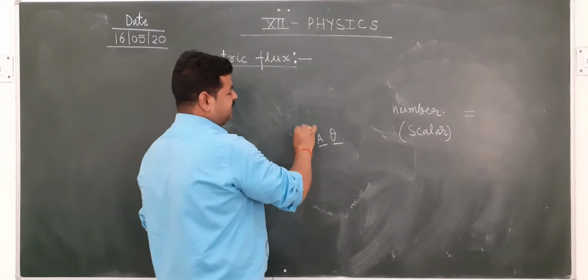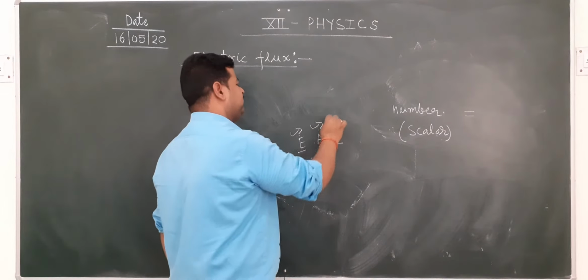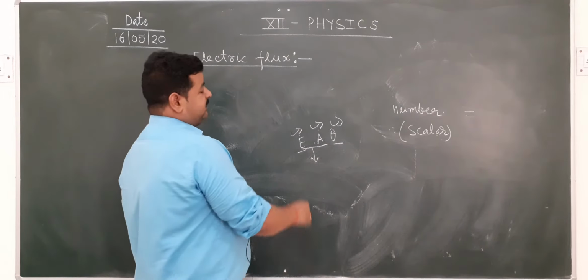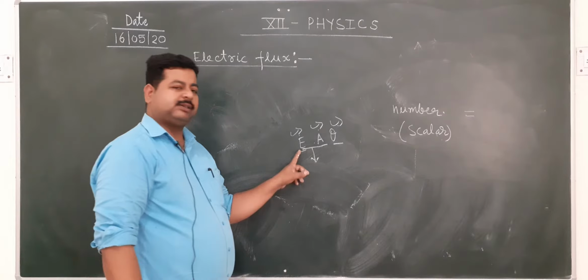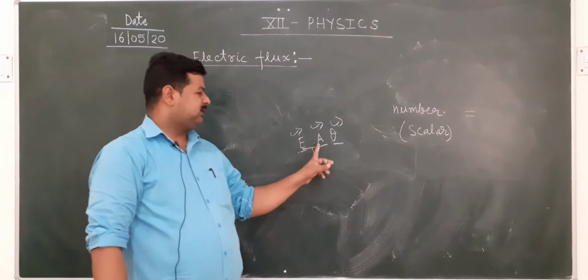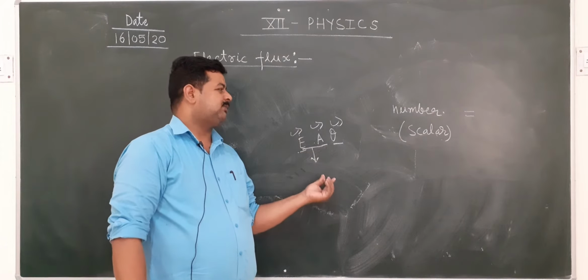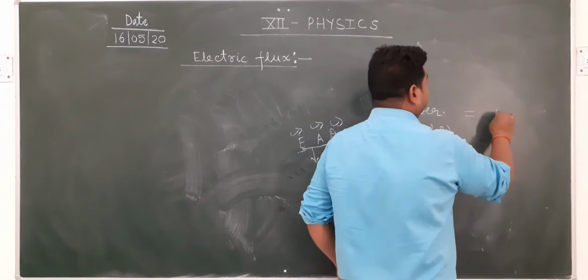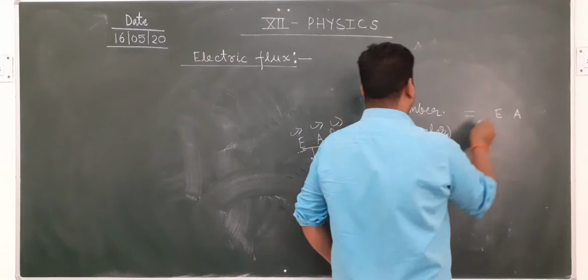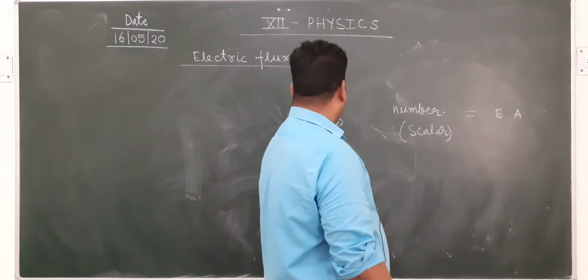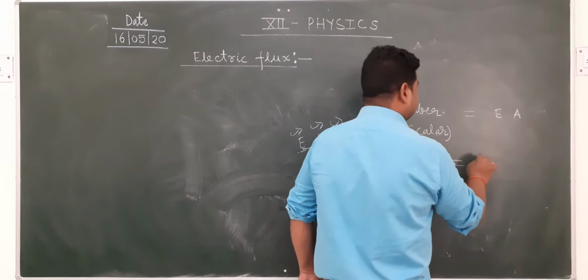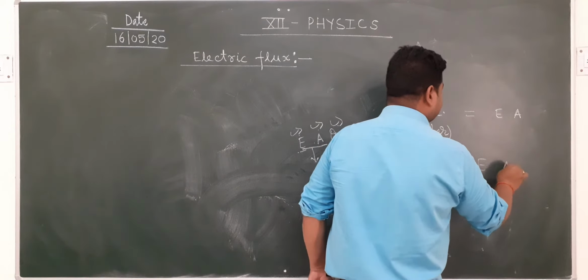E is the electric field intensity, A is the area vector, and theta is the angle between E and A. Electric field intensity is a vector quantity, and A is the area vector, also a vector quantity, and the result of E and A is electric flux.